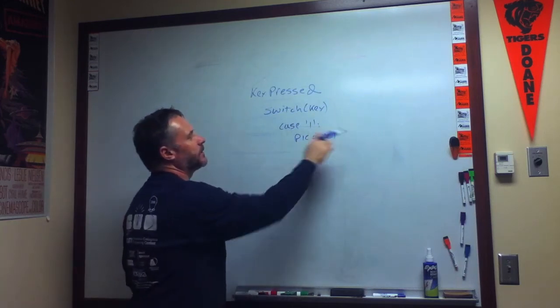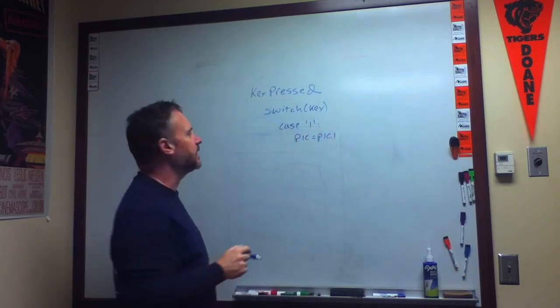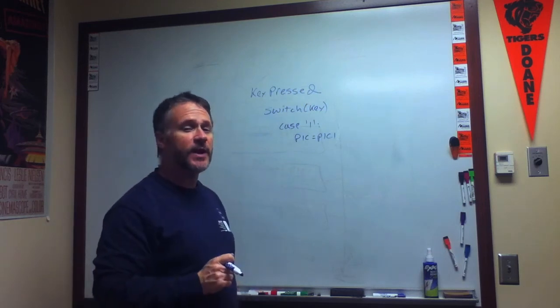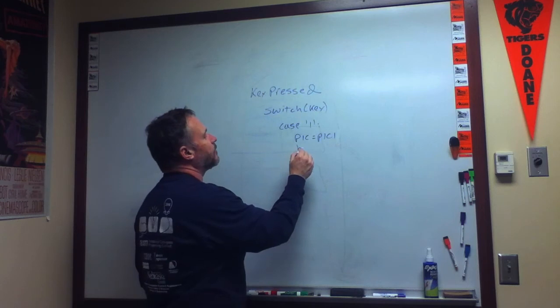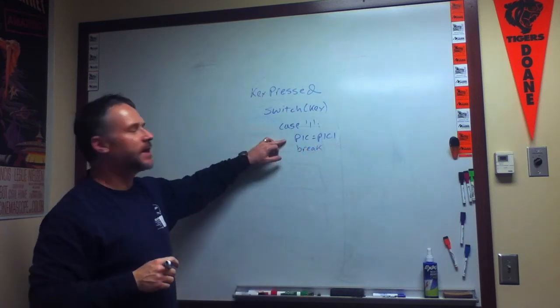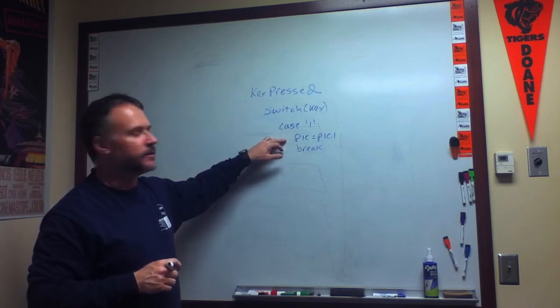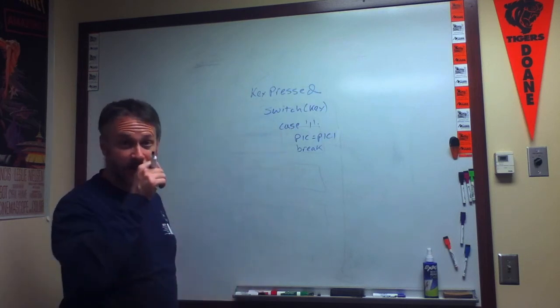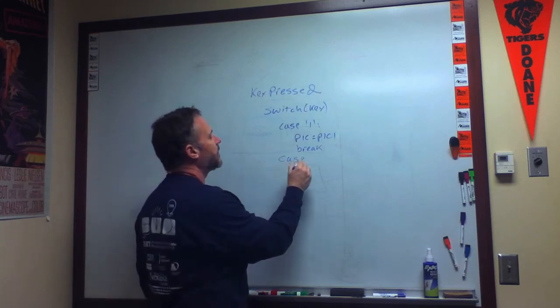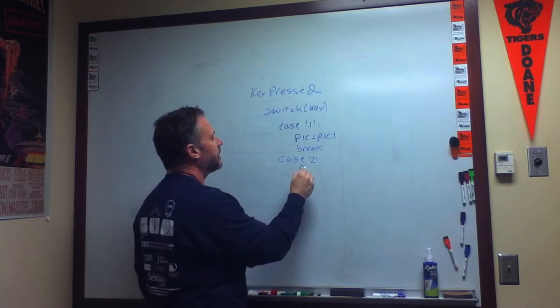I guess I don't need semicolons in pseudocode, but you get the idea. But then we're also going to take into account that idea of the flow-through behavior and put a break statement here. And what that means is after I've made this assignment, I want to ignore the rest because I've already made my choice. And then we repeat a similar thing for each of the other cases.